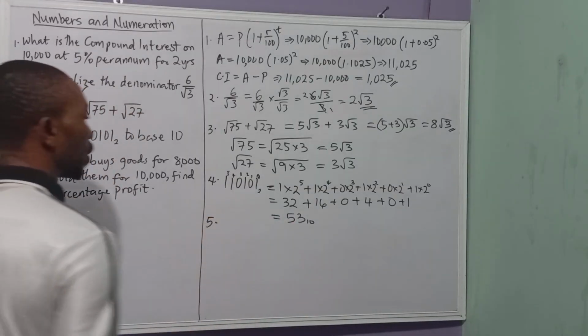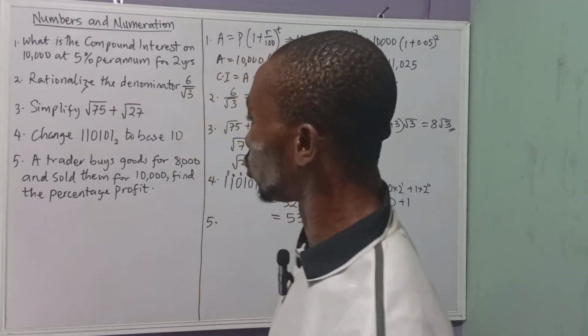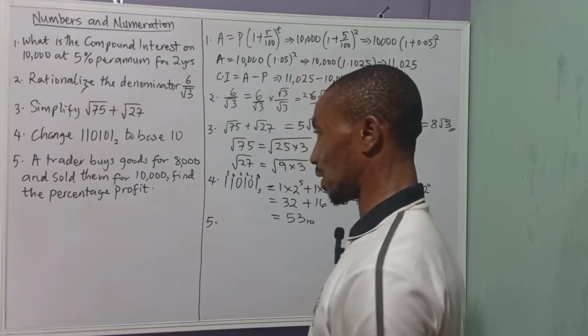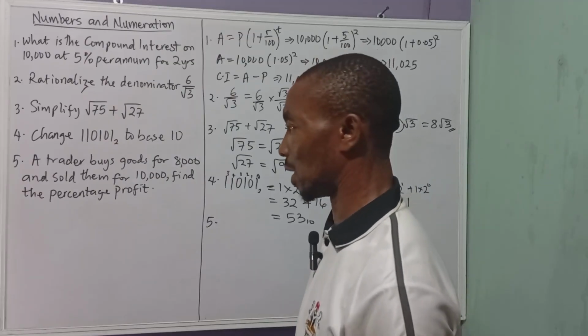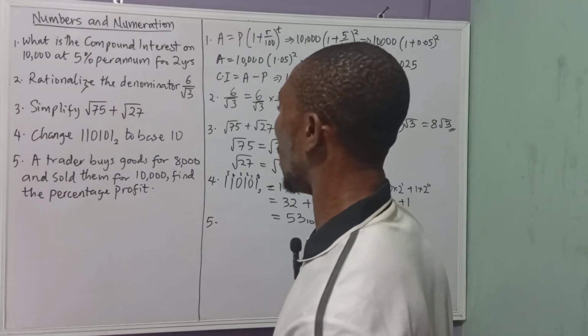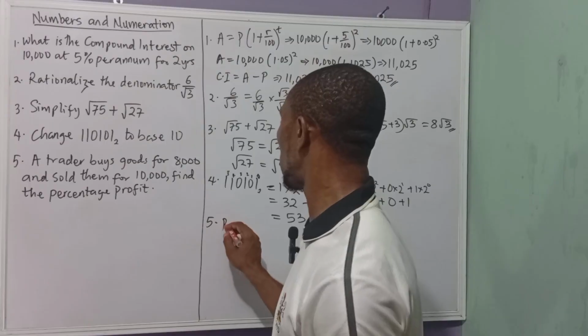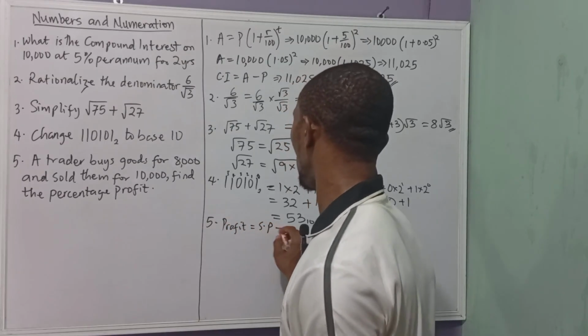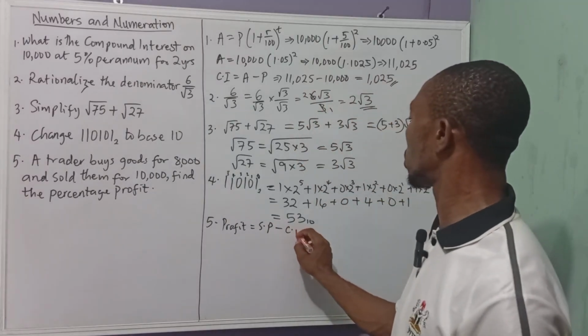Now, to our 5th question, it says a trader buys goods for 8,000 and sold them for 10,000. Find the percentage profit. Now, for our profit, we have profit as selling price minus cost price.